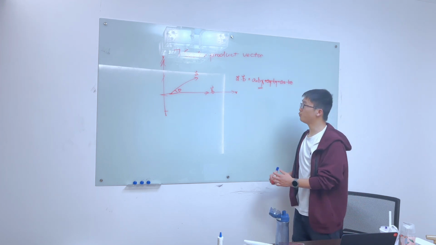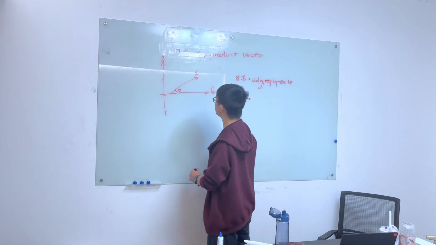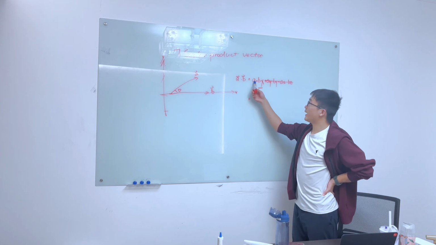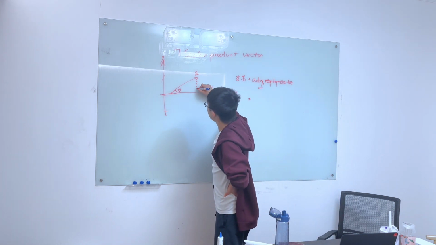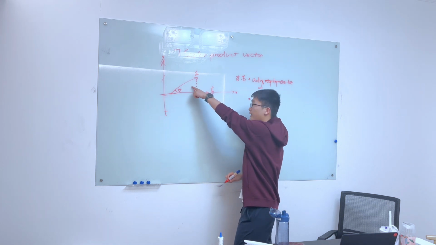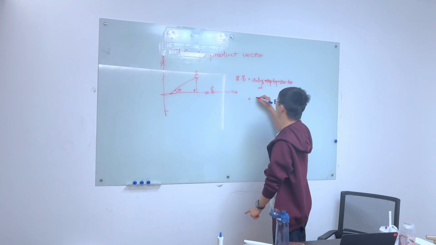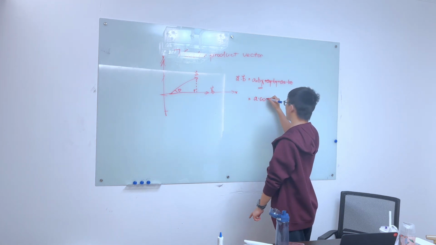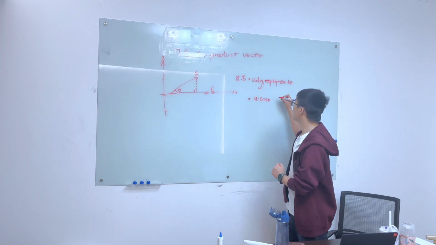So what is Ax? Ax is the component of vector A on the x-axis. So Ax will be the length of vector A times cosine theta, and then times B. Why is it B?